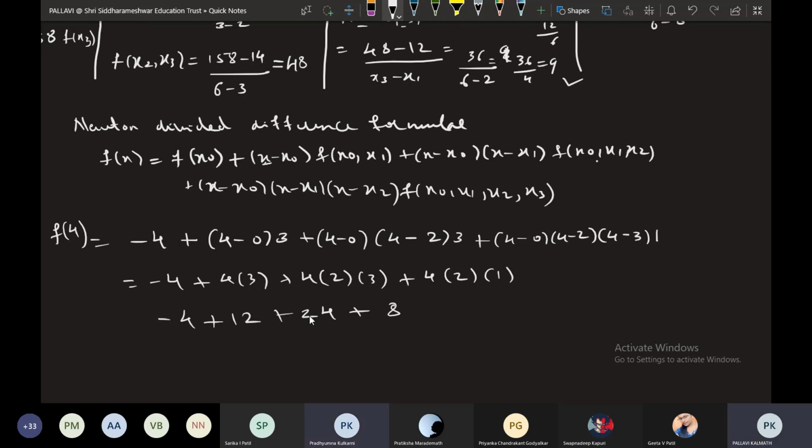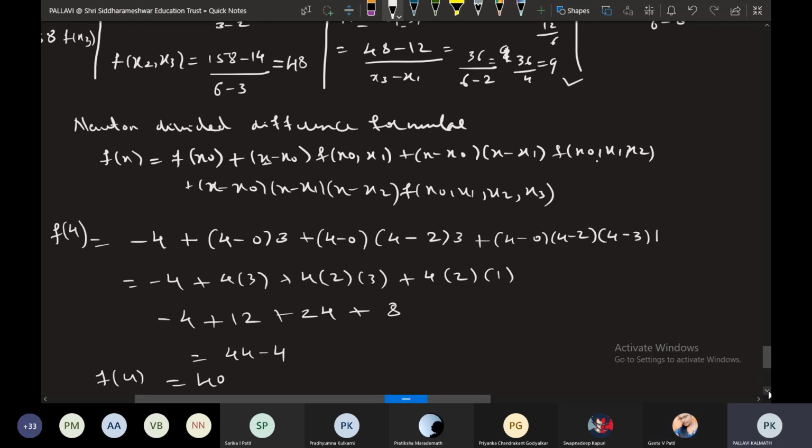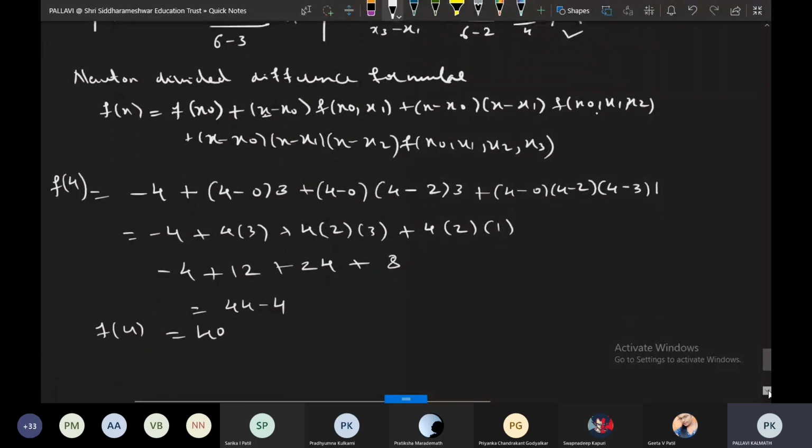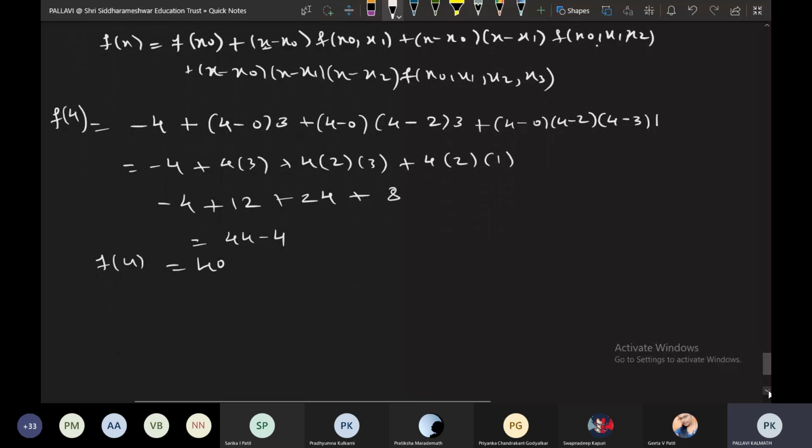So 12 and 8 is how much? 20. 20 and 24 is how much? 44. So what is 44 minus 4? What is the answer? 40. Everybody got it as 40. Yes, ma'am. Is there any doubt? Anyone?